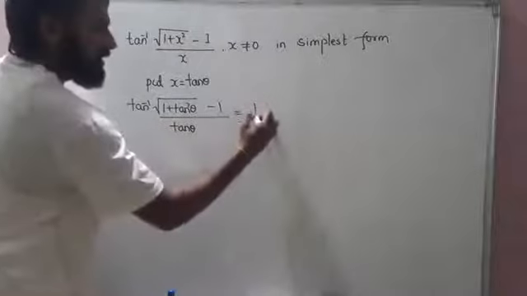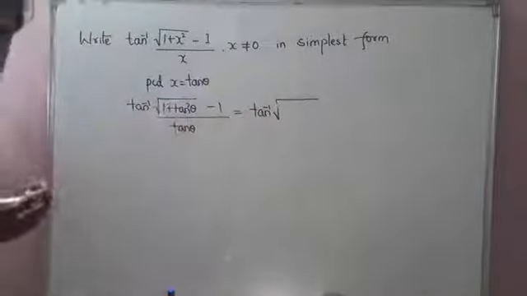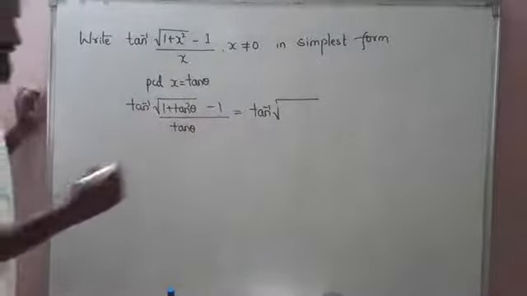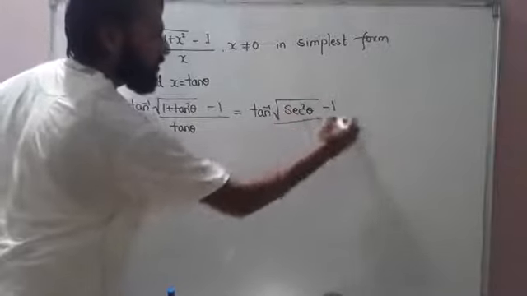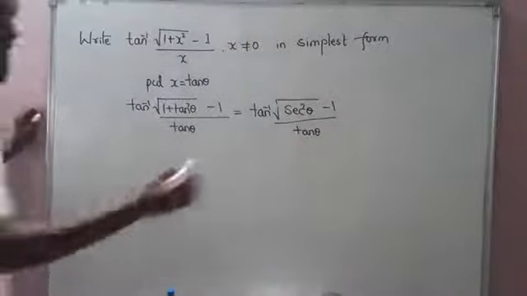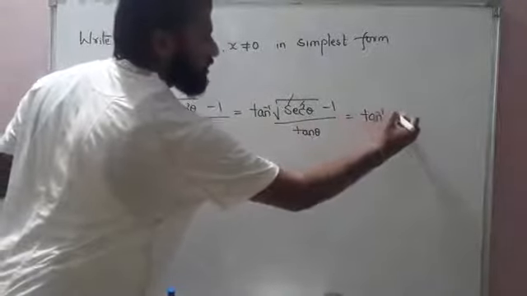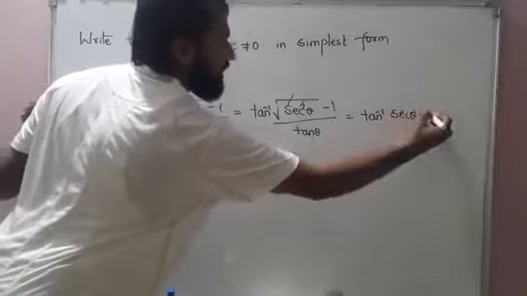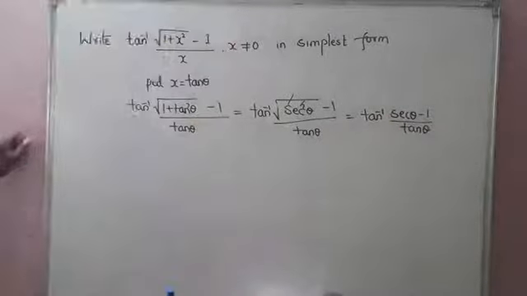And this gives me tan inverse under root of, now 1 plus tan square is very good, that is sec square theta. So this is sec square theta minus 1 whole divided by tan theta. Root and square cancel each other. You'll be left with tan inverse of sec theta minus 1 divided by tan theta.